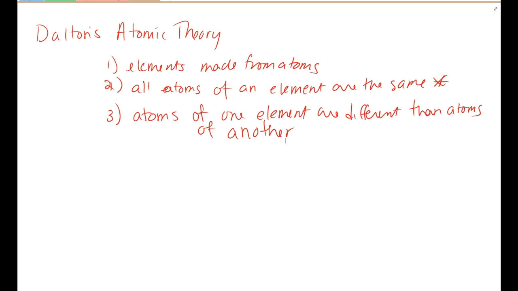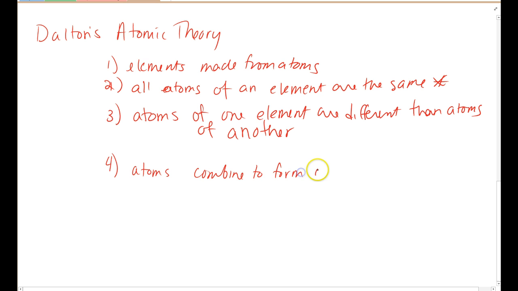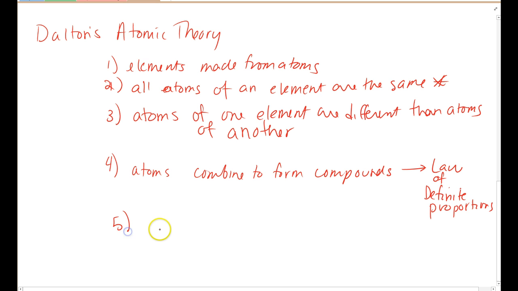They're not just like special variations on each other. The fourth is that atoms combine to form compounds. And from this atoms combine to form compounds thing, we get the law of definite proportions, which we've talked about extensively in class. And then the fifth one is that atoms cannot be created or destroyed in a chemical reaction.